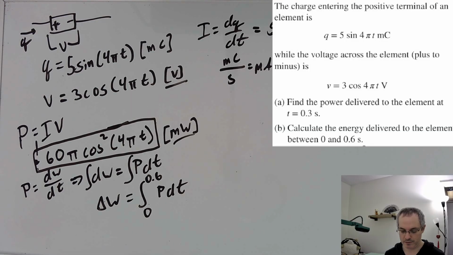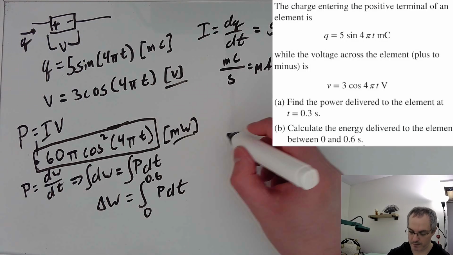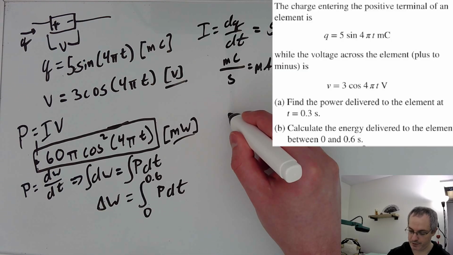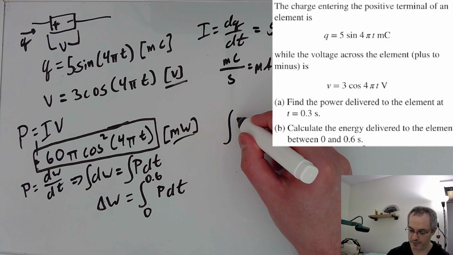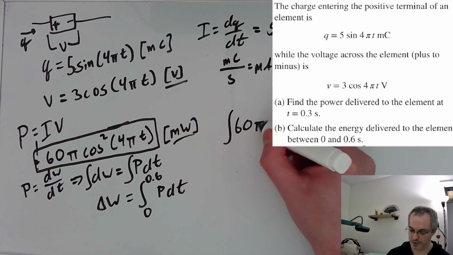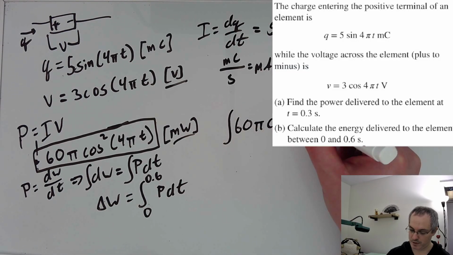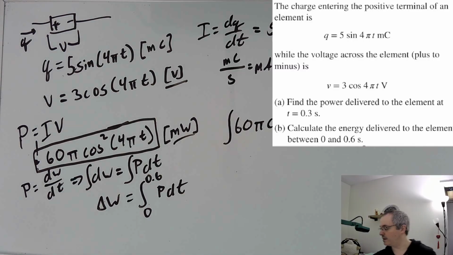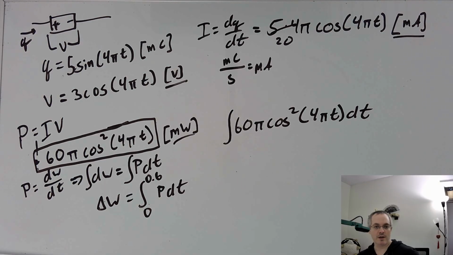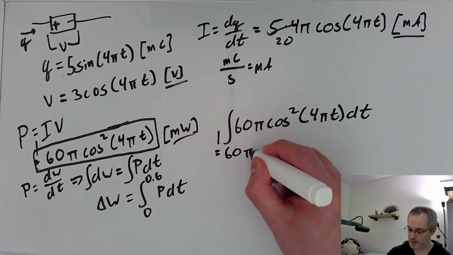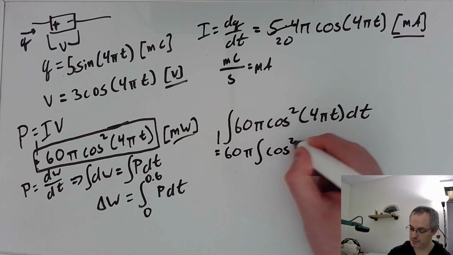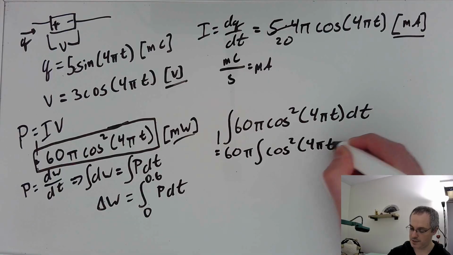So the integral of that will be, let's just do the antiderivative of it first. 60 pi cosine squared 4 pi t dt. So this will be 60 pi integral cosine squared 4 pi t dt.